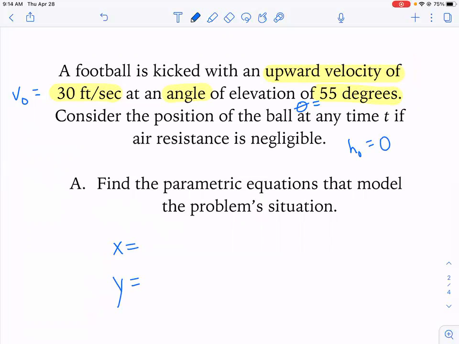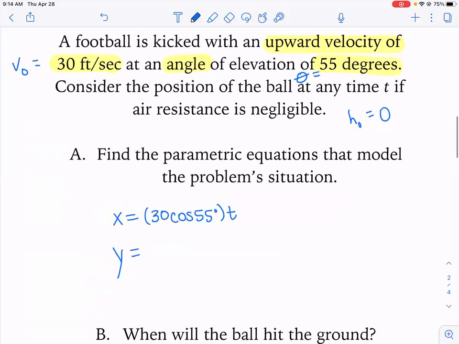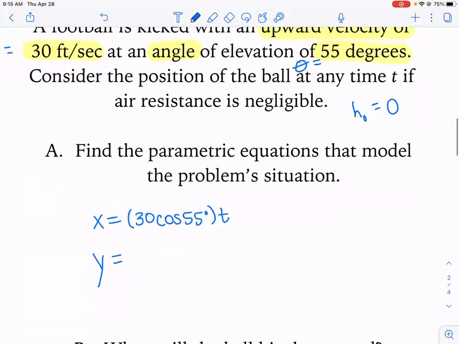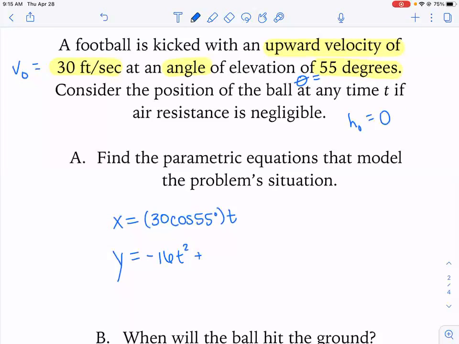So we're gonna write the parametric equations that model this situation. First of all, for x, we need to take our initial velocity times the cosine of our angle, and that is our coefficient for t. Then for y, we have negative 16t squared plus 30 sine of 55 degrees t plus our initial height, which is 0, so we technically don't need to write that.